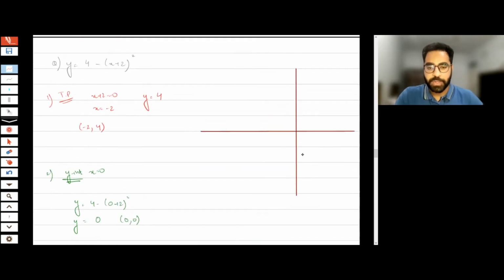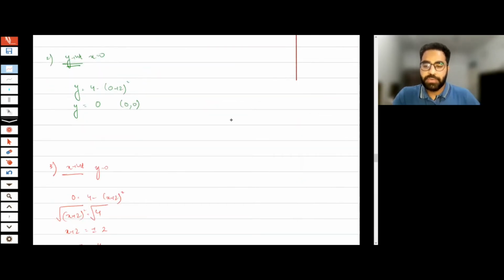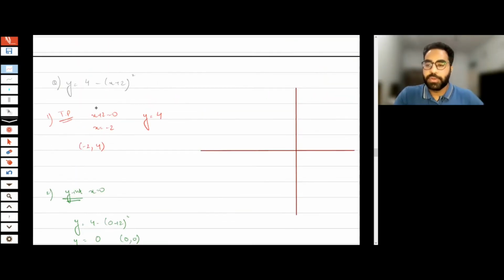The last thing that is left is the shape. What would be the shape of the quadratic curve? For this, I need to write the equation over here.